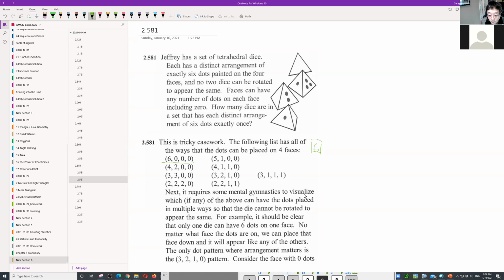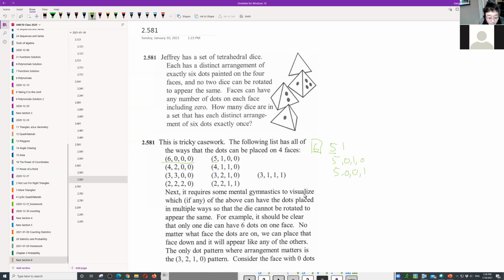If one of the faces has 6 dots, the rest must be 0. Then the next is 5-1, and basically you can have 5-1-0-0 or 5-0-0-1.